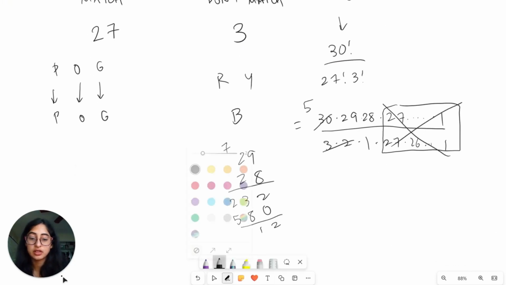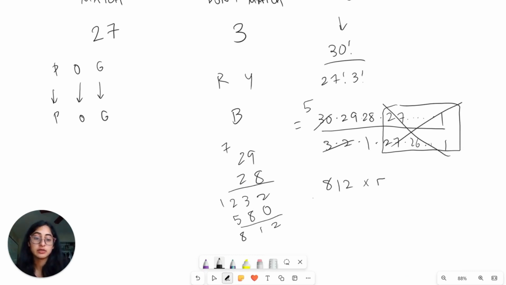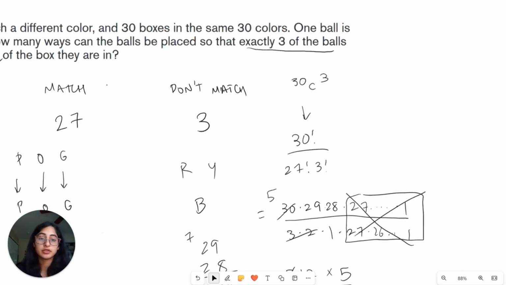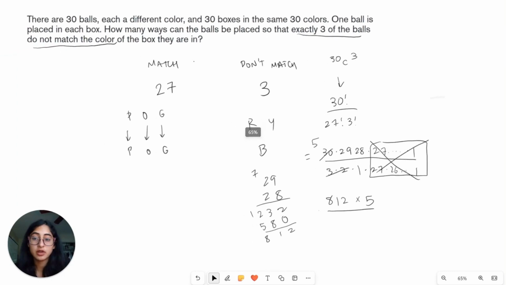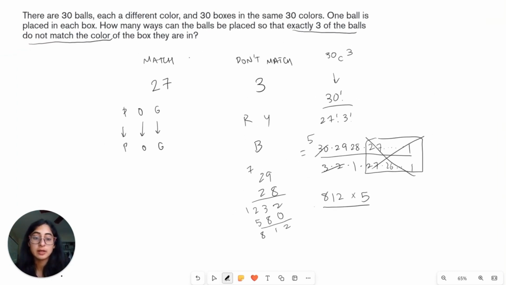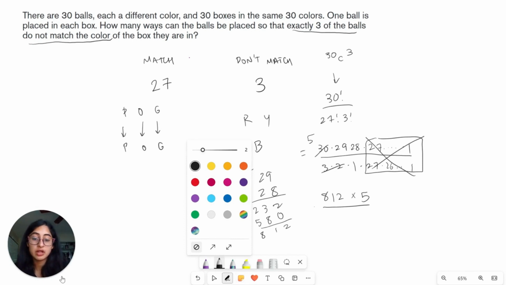Wow, technical difficulties, we should get 812. And we're multiplying 812 by 5 to get the number of ways that we can pick those three balls. I don't want to actually multiply all this out right away because that's a really big number, and maybe our next step will help us.